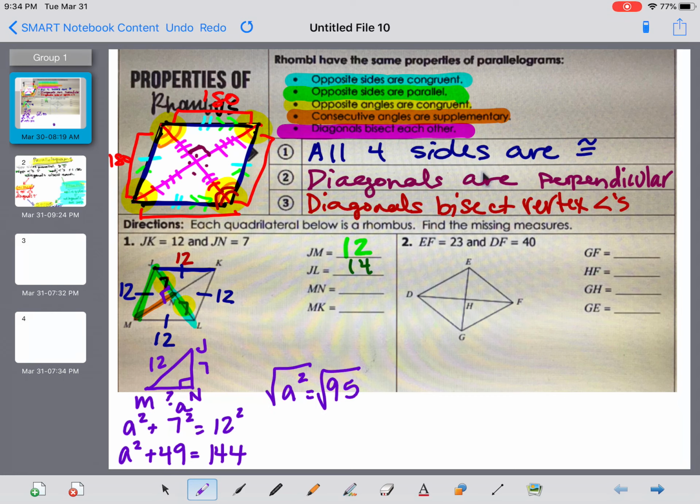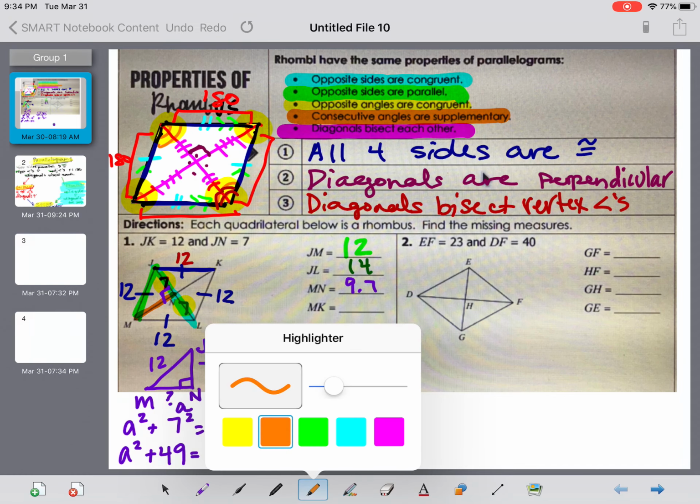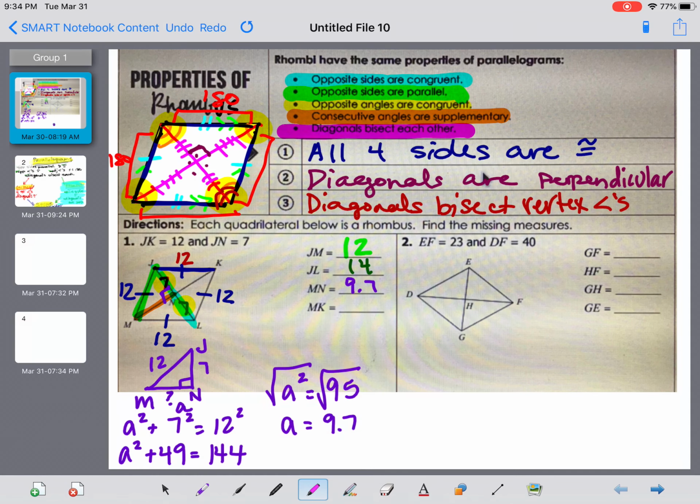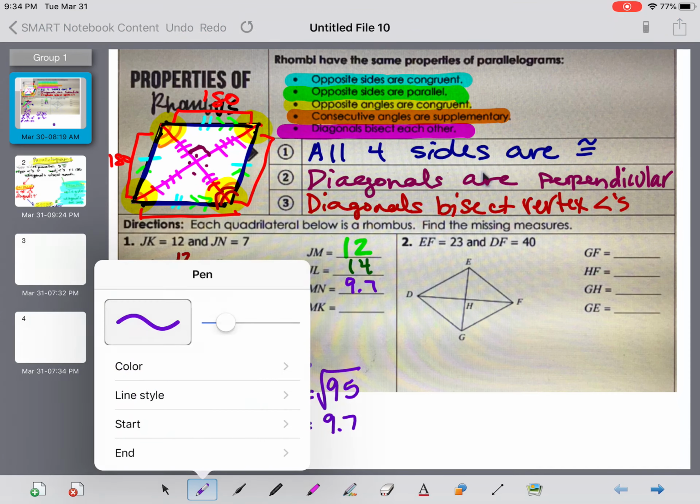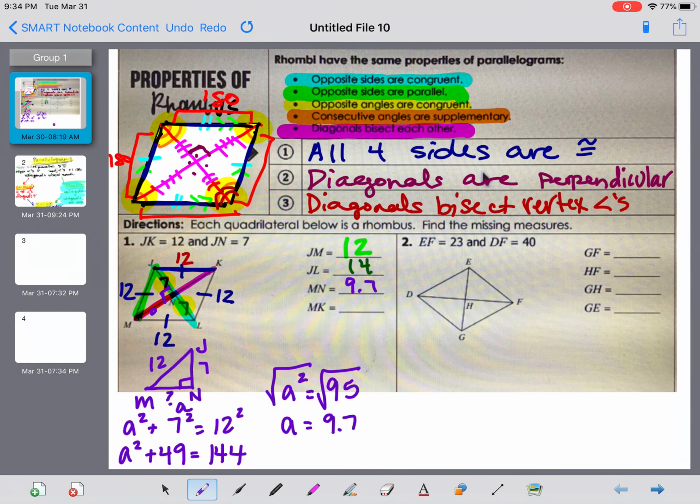It's 95. And then we take the square root of 95, and we get that a is equal to 9.7. And we'll go to 1 decimal place here. 9.7. Awesome. All right, the last thing it asks us for is MK. MK is this whole diagonal right here.